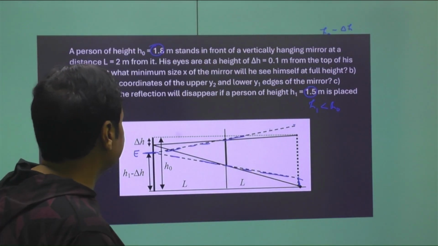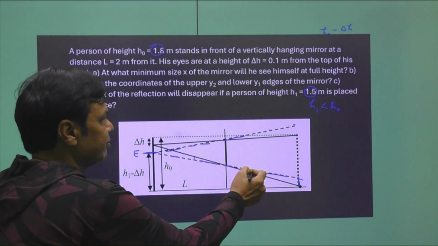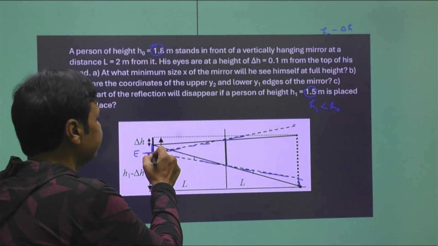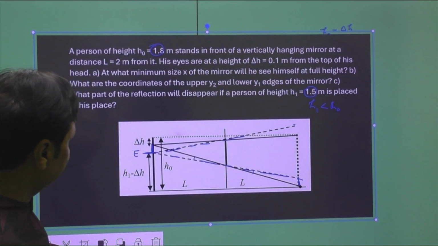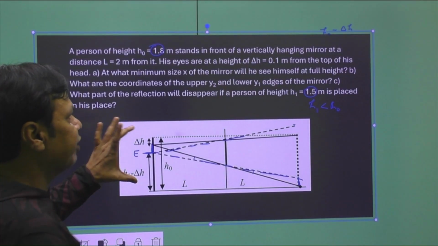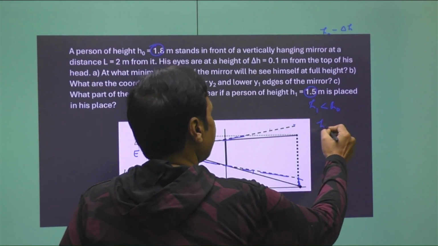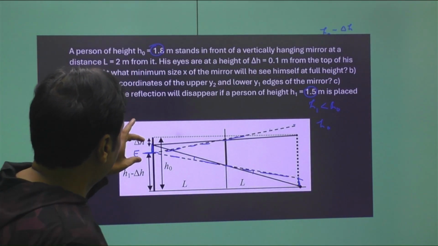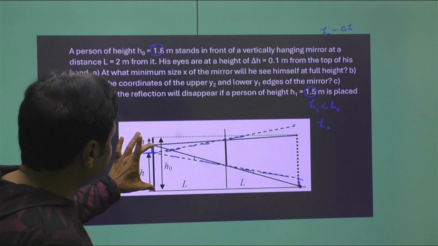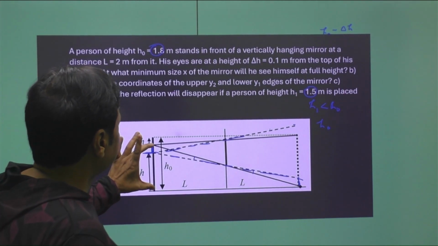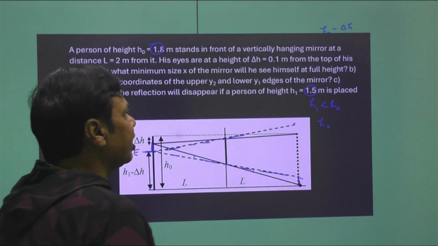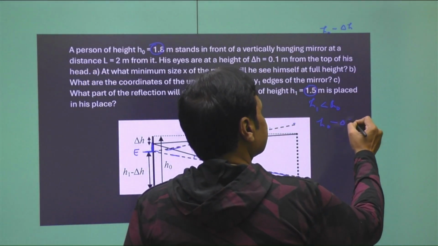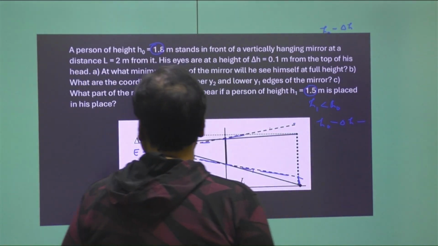And what is this length? The missing length that is required is this length, and you can see the similar triangle here. The whole length being h0, and this length being simply h0 minus delta h.